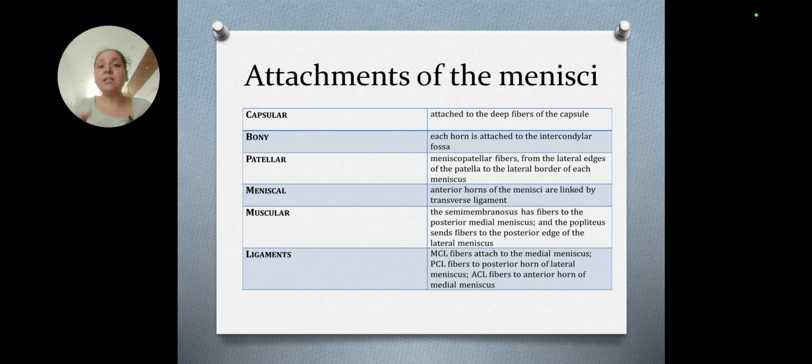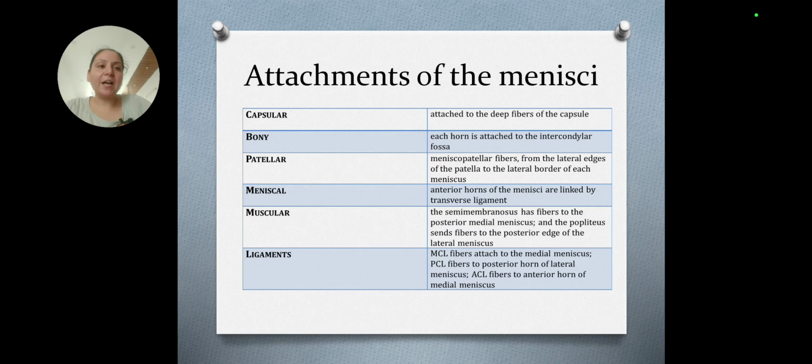The medial meniscus is attached with the medial collateral ligament as well as the anterior cruciate ligament, whereas the lateral meniscus is attached with the posterior cruciate ligament.